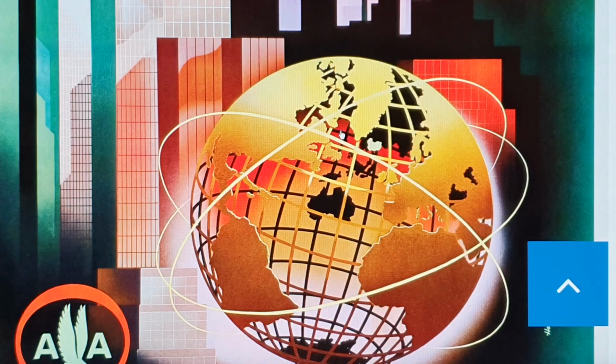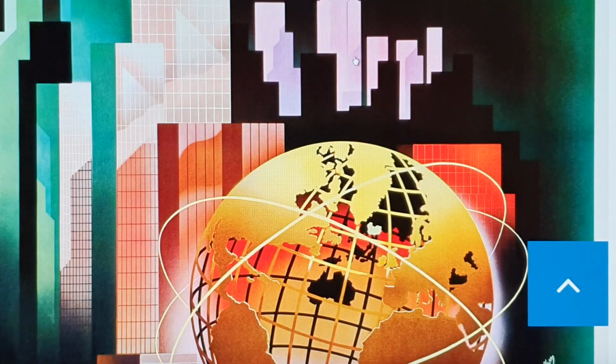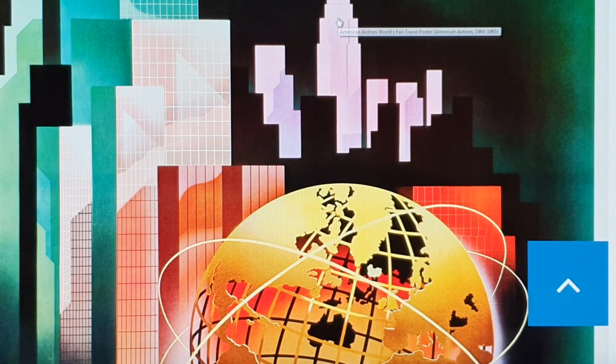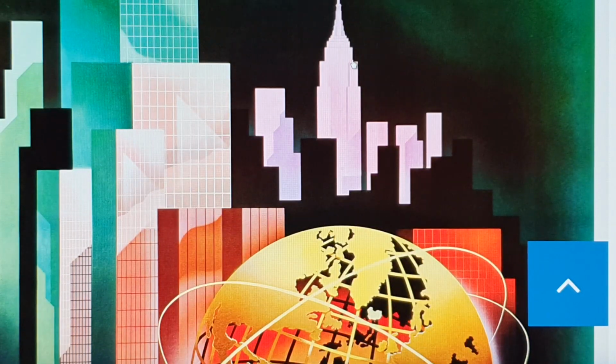But the other interesting thing about this poster is, now this is 64. So we see the Empire State Building in the back here. By that time New York had a fair few skyscrapers, and whoever did the artistry for this thought, well, it's the world of tomorrow, I'll just do a load of skyscrapers.